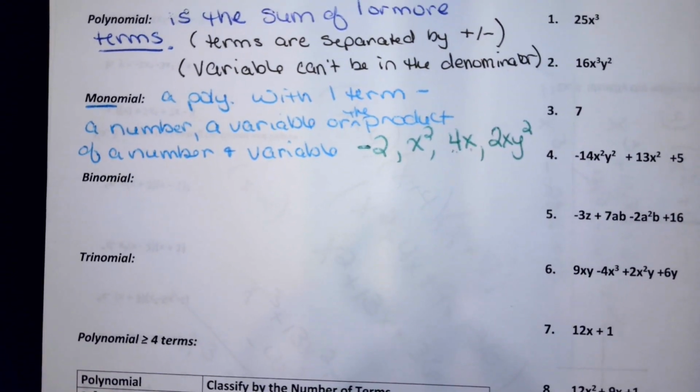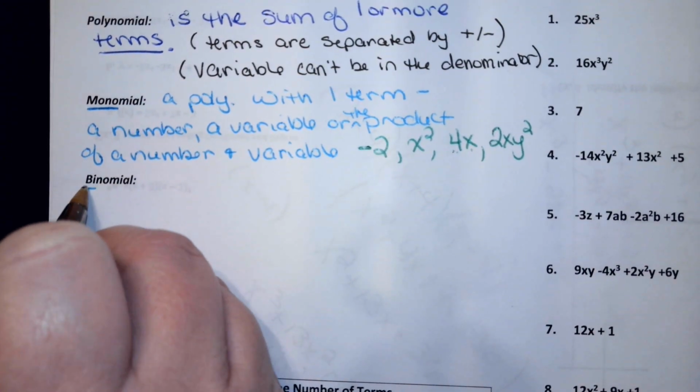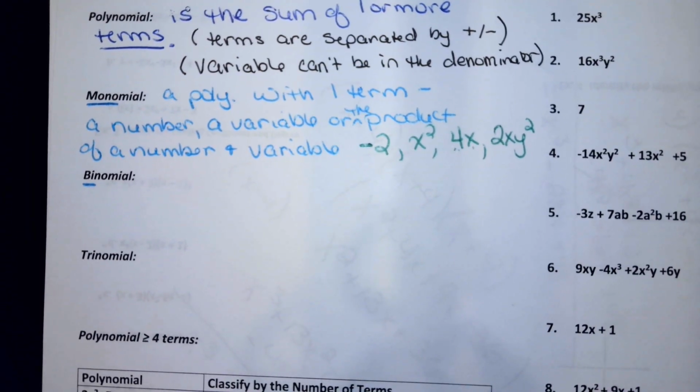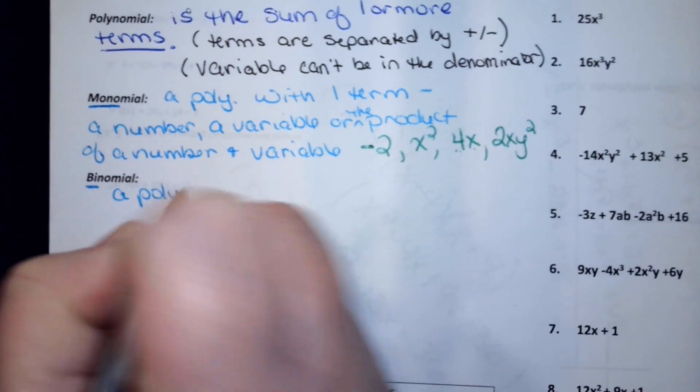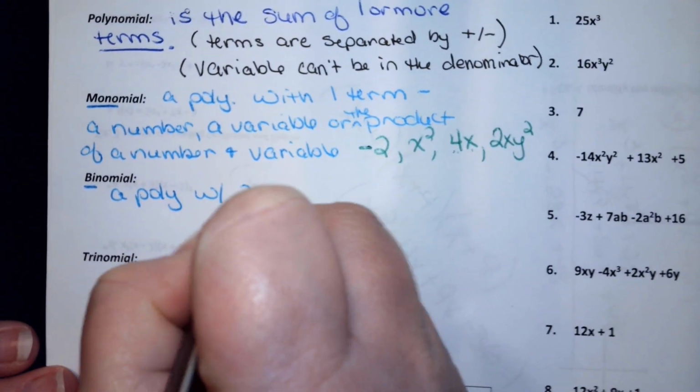Our next term is a binomial. Looking at the prefix bi, we know bi means two. So a binomial is a polynomial with two terms.